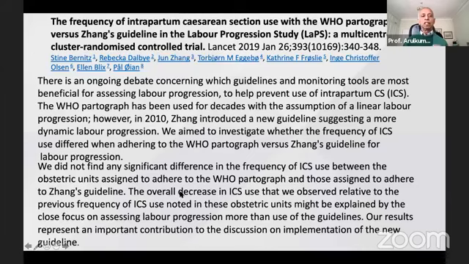Overall, there was a decrease in cesarean section in both arms. This might be because they were observing the labor closely. So their conclusion was that the Partograph, whether it is Zhang or WHO, did not contribute significantly to any change. You can use either of those, but we have shown that Partograph use or no Partograph use in the Cochrane didn't show any change. So where do we stand? We are at a loss now.